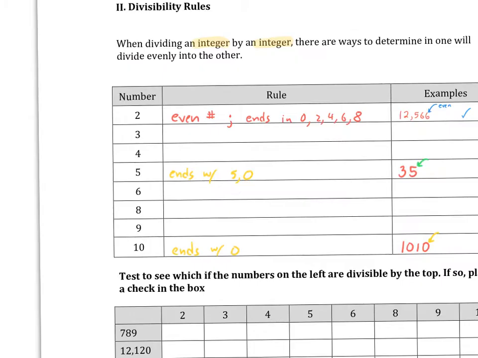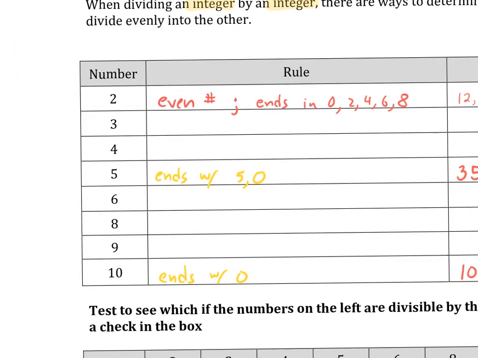So it turns out 3 and 9 are almost the same. So let's go ahead and write out 3. If the sum of the digits is a multiple of 3. Well, it turns out that's the same down below for 9, except the sum of the digits has to be a multiple of 9.